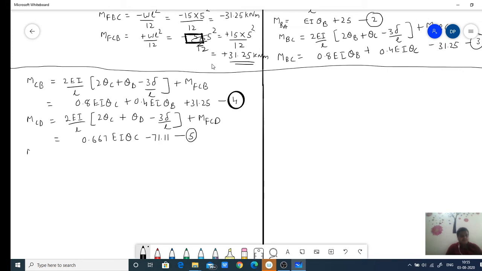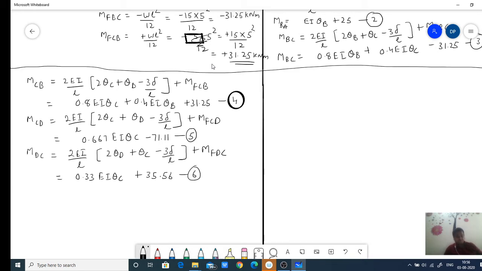Now coming to the last one, MDC: 2EI by L into 2 theta D plus theta C minus 3 delta upon L, plus MFDC. When I solve this, it comes out to be 0.33 EI theta C plus 35.56. This is equation number 6.